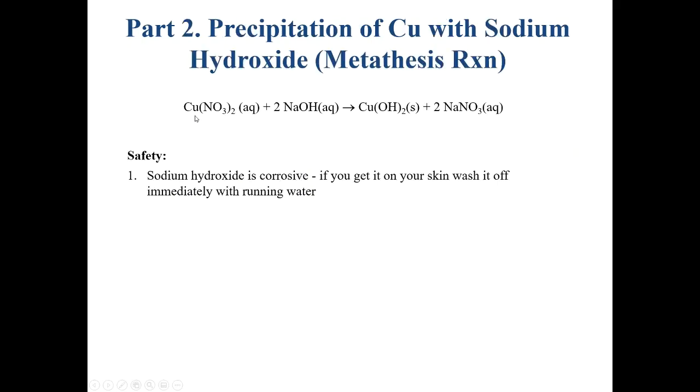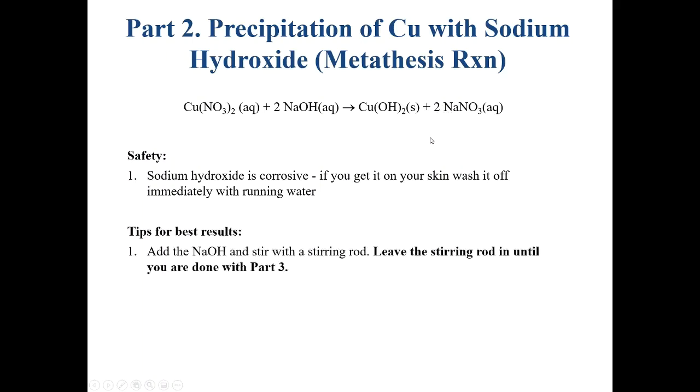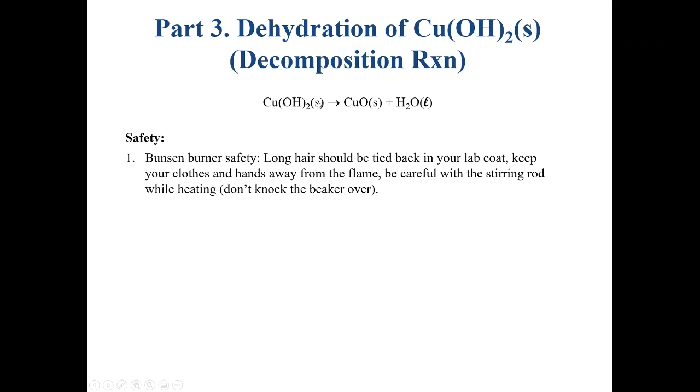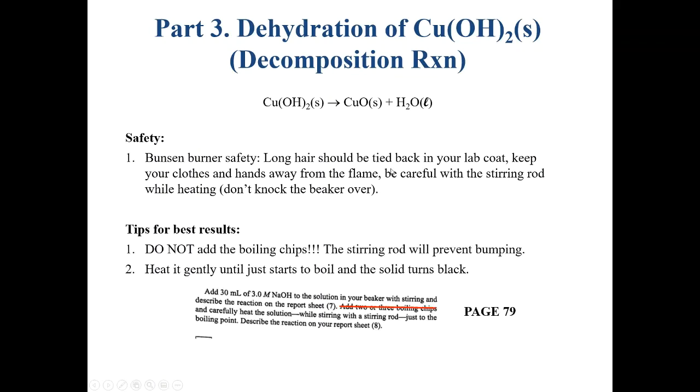Now, in the second step, we add some sodium hydroxide. So the hydroxide gets locked up into the solid in this case, and now we have some sodium nitrate. So now we have the copper, the hydroxide, and the sodium nitrate that's left over. And then when we do the dehydration, the copper hydroxide turns into copper oxide, and we have some water that's left over.